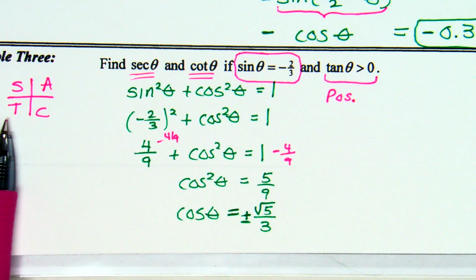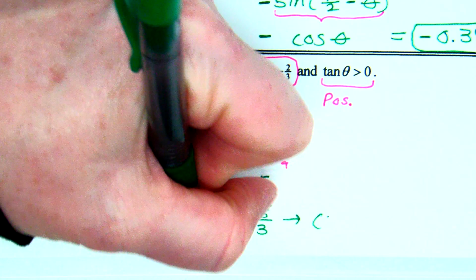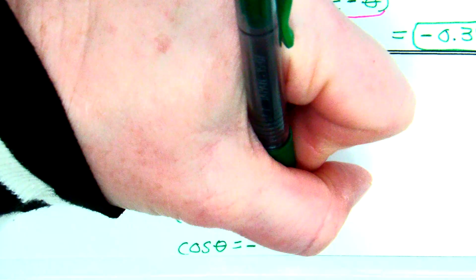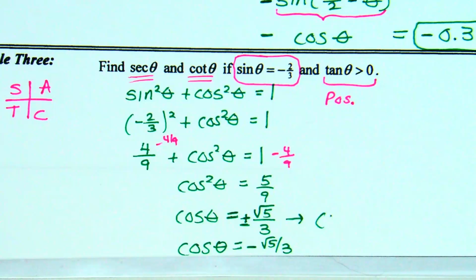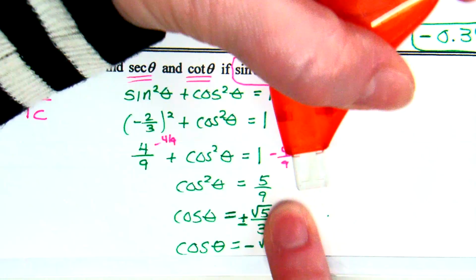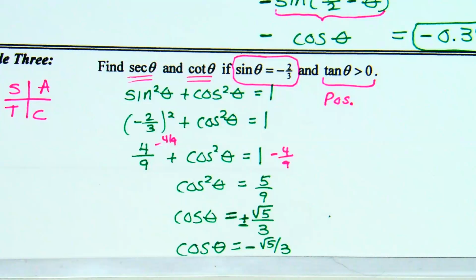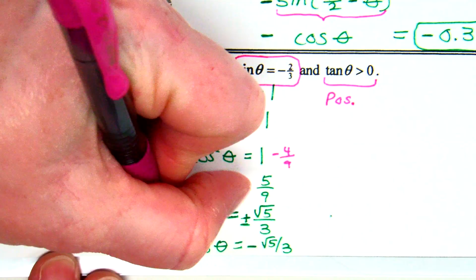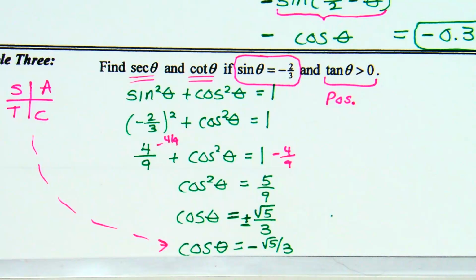So, for that reason, I'm going to say that cosine theta is, what do we say? Negative square root of 5 over 3. Okay? And again, that's because of using that idea right there.